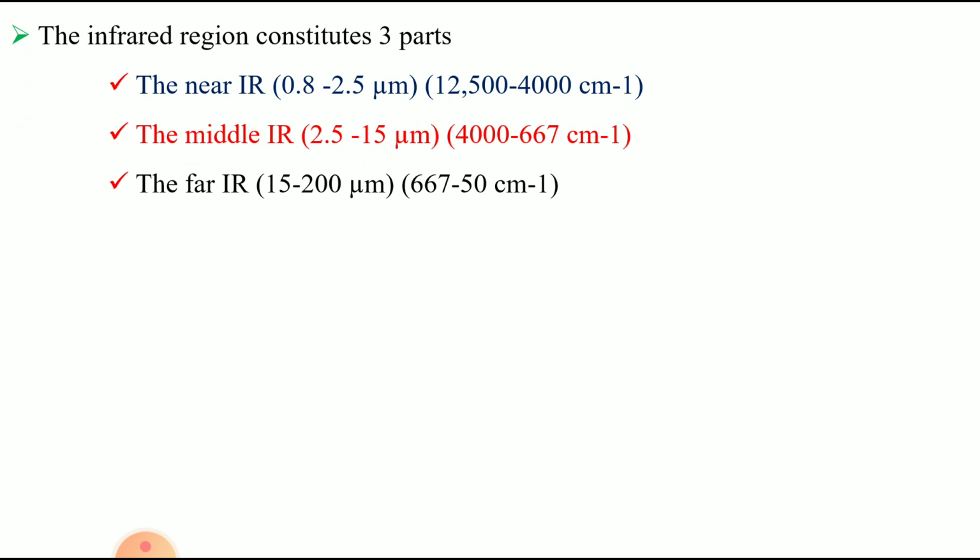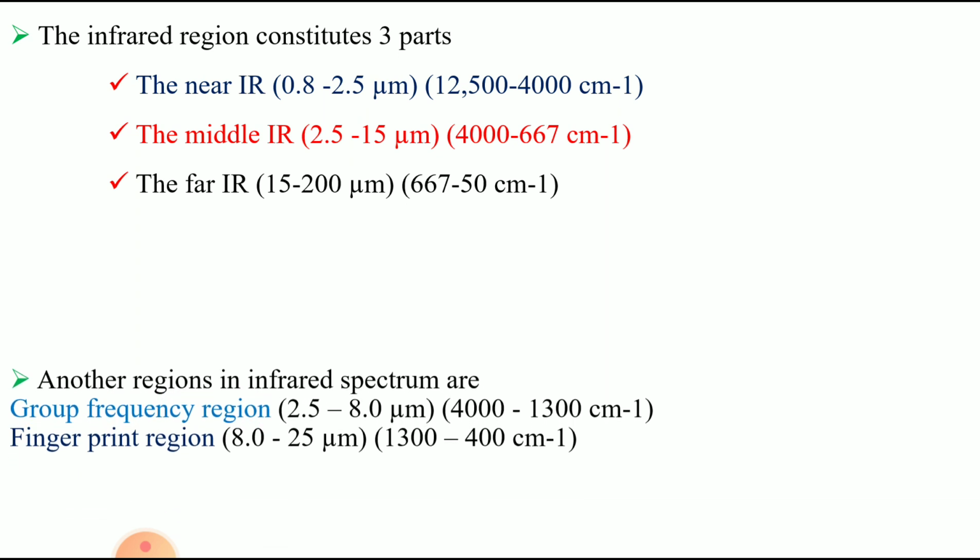If you convert the wave number into wavelength, that is 0.8 to 2.5 micrometers. Next, the middle IR region is from 4,000 to 667 cm⁻¹ or 2.5 to 15 micrometers. Next, the far IR region ranges from 667 to 50 cm⁻¹ or 15 to 200 micrometers.